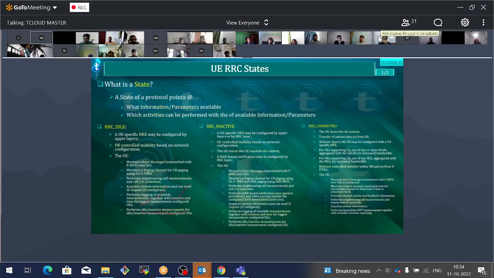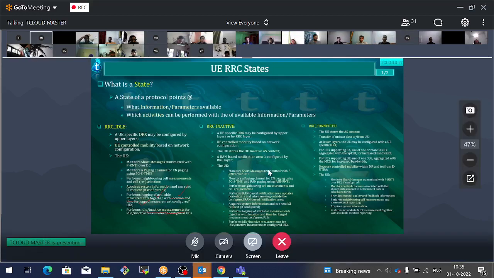These are location based measurements, location and time, and these are idle mode or inactive mode measurements. So different types of measurements are requested by the network to be collected while it is in idle mode and provided once you move into connected state.